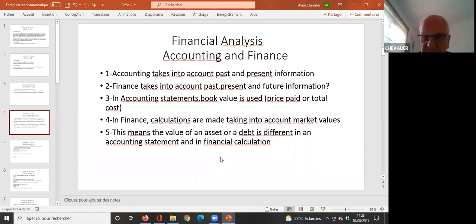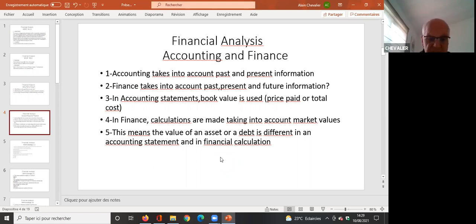They are based on the price paid. When you buy an equipment, you have an invoice, you pay the total price, which is at the bottom of the invoice, which includes also VAT, but in your balance sheet, we take into account only the price paid without VAT.